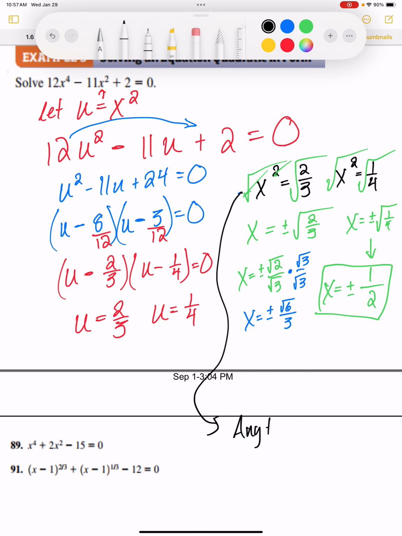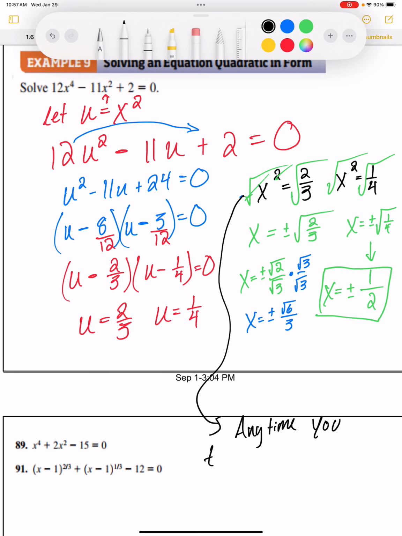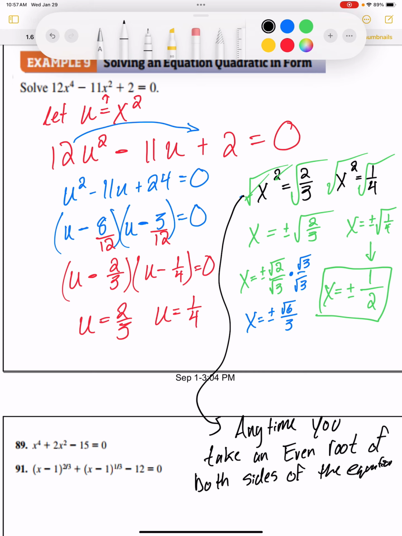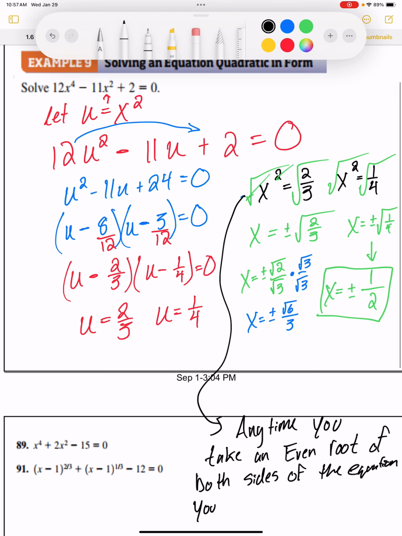Anytime you take an even power or an even root of both sides of the equation, you open the door.